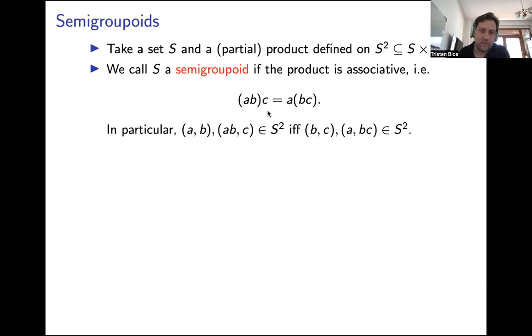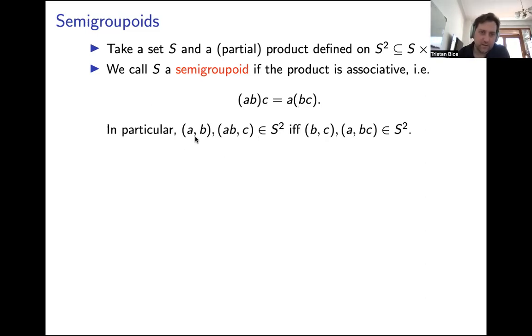So the way you interpret this equation in this context is you say that the left-hand side is defined precisely when the right-hand side is defined, and moreover, both sides are equal in that case when they're defined. I wrote that out here in terms of S2.